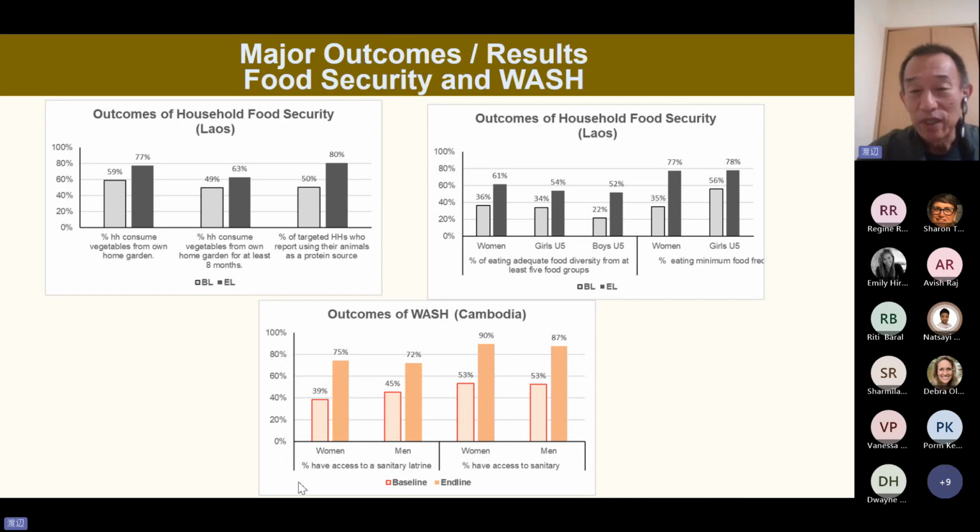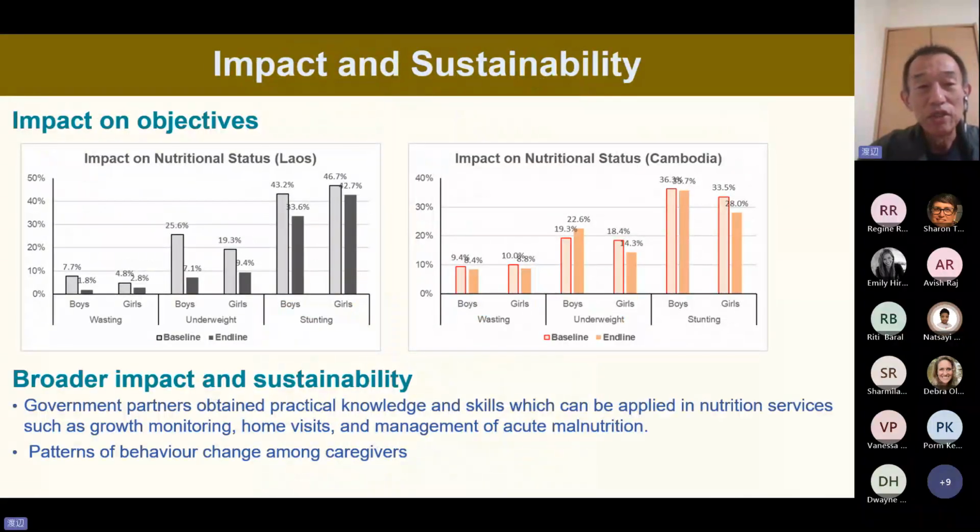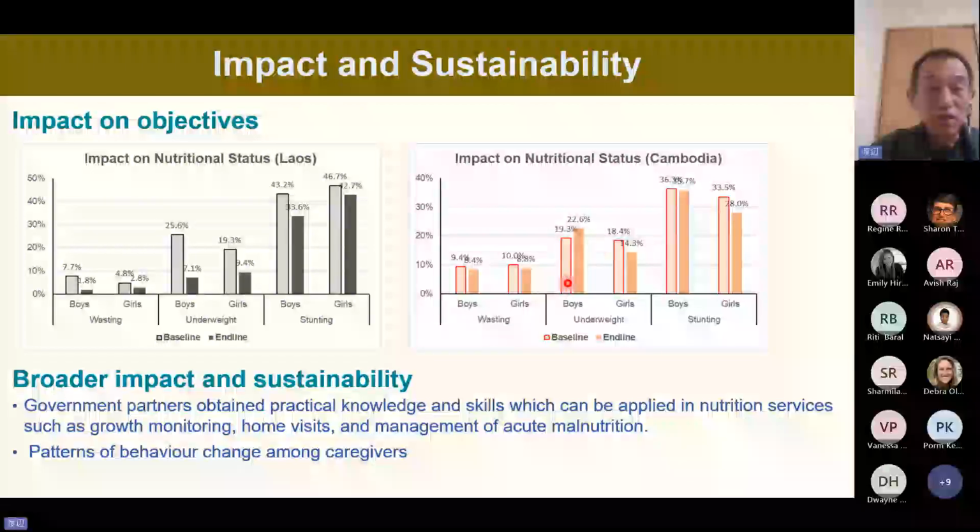So finally, these are the nutrition impact level indicators for wasting, underweight, and stunting, for boys and girls separately. You can see clearly the big improvement of underweight in Laos, whereas this improvement was not so clear for Cambodia.